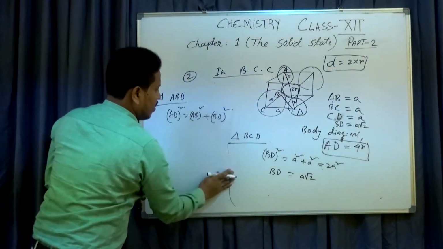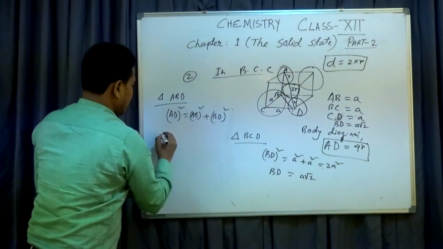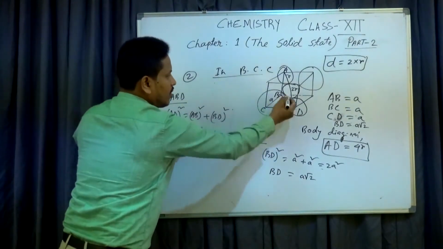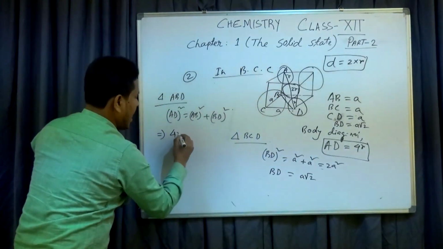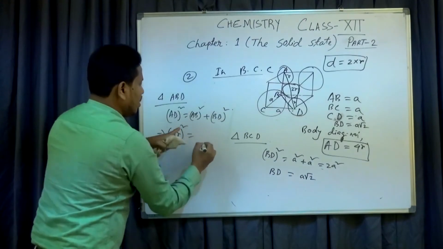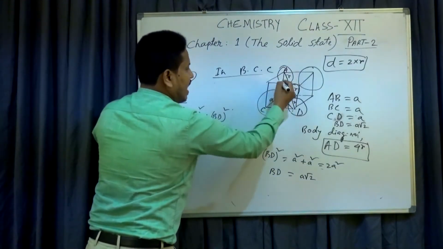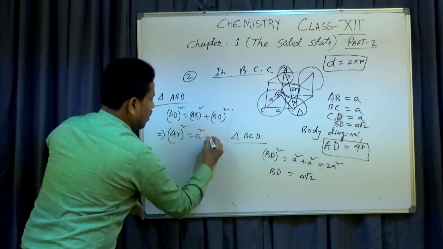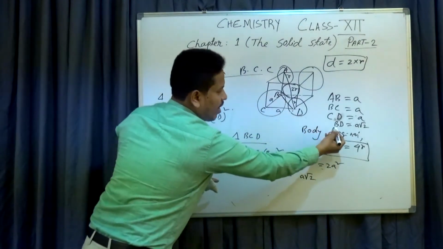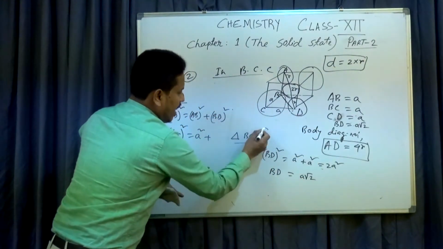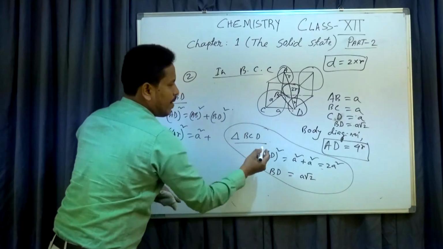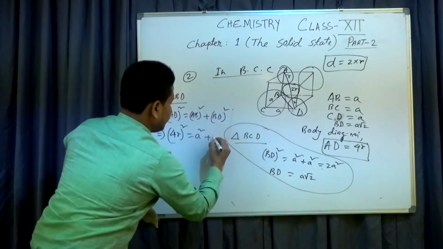AD means body diagonal 4R, so (4R) square is equal to AB square, AB means edge length A, plus BD, already calculated as face diagonal A root 2.